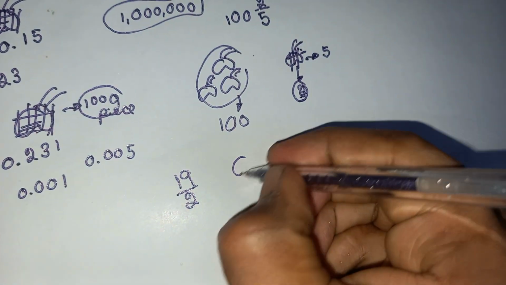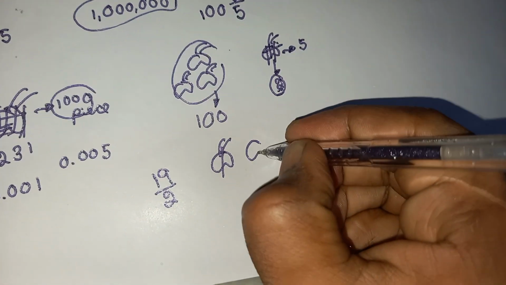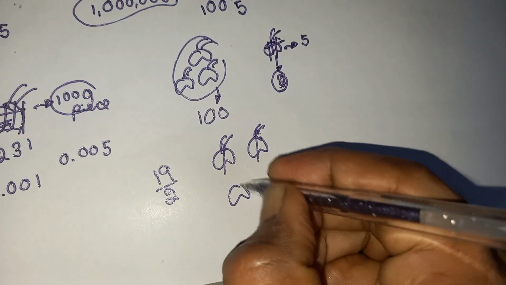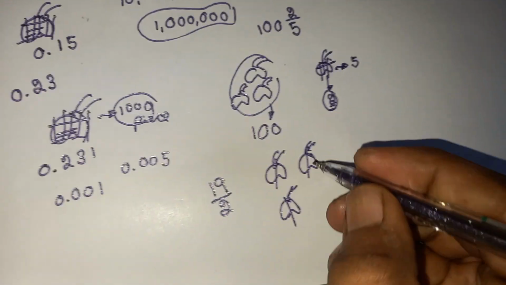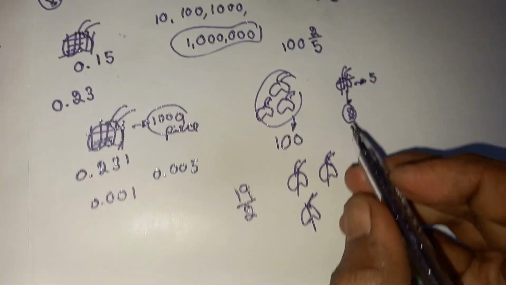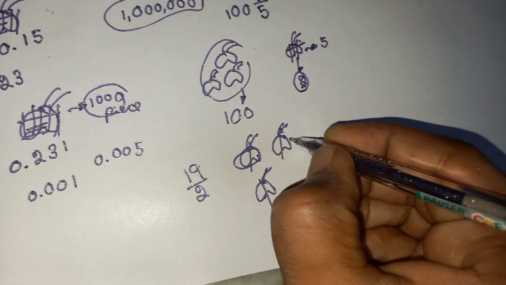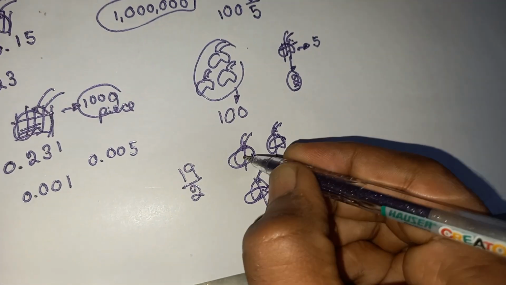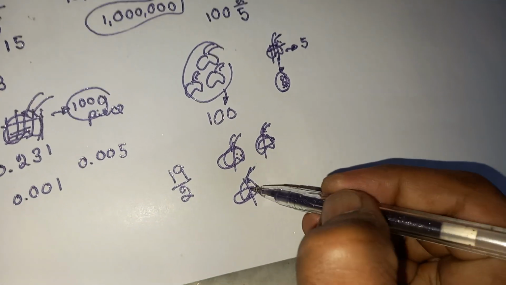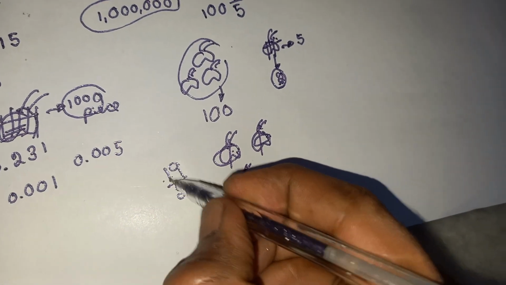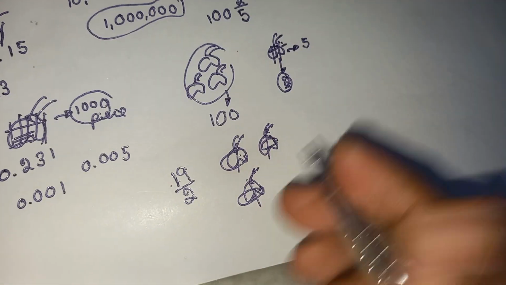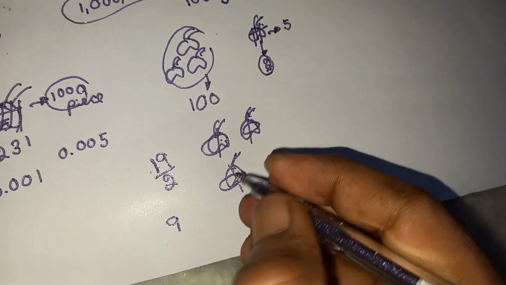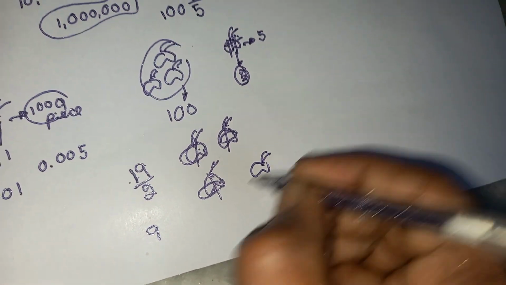Means each apple they are dividing into just 2 pieces, and like that they are taking 19 pieces. Means each 2 pieces going to become 1 apple. This 2 becomes 1, this 2 becomes 1, this 2 becomes 1. 18 pieces going to become half of it, means 9 full apples, and again 1 piece going to remain.